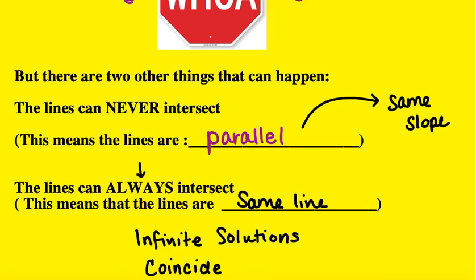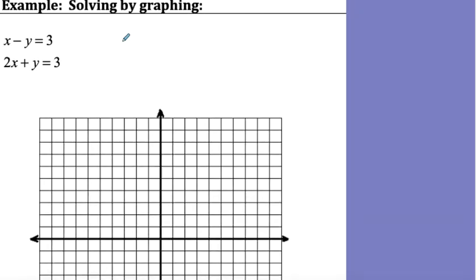All right, let's talk about how we're going to graph. Most of the time we're going to be using Desmos, but we want to be able to do this by hand. So I'm going to graph one of two ways. Number one, I could move to y equals mx plus b.